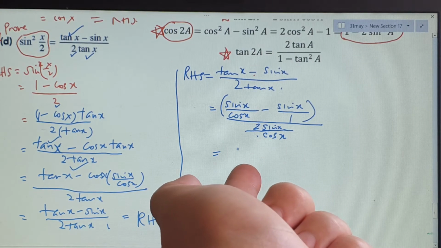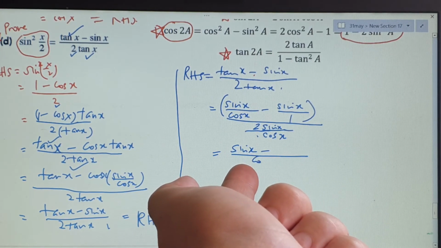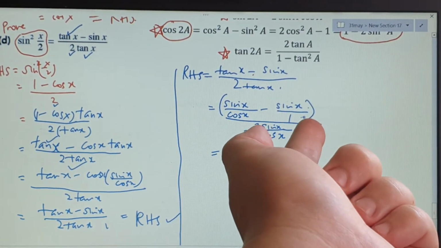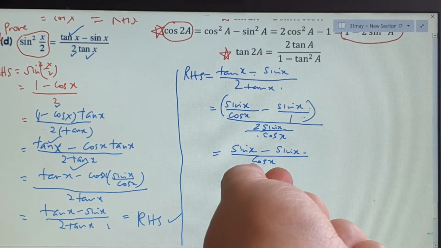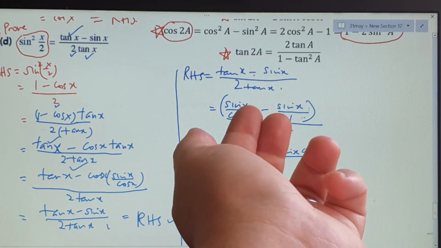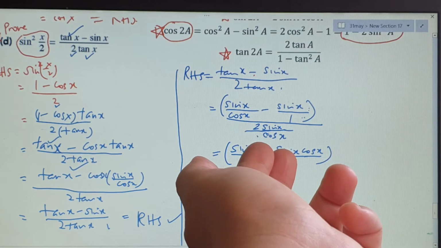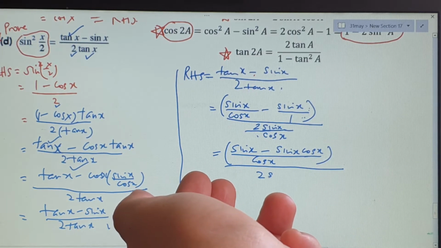Now how do I do that? Remember, I need to times cosine here, times cosine here, cosine, cosine. So that will give me sine x cosine x, right? Now this is only the numerator, this part here, the one with the bracket. Okay, now my denominator, I leave it as it is.